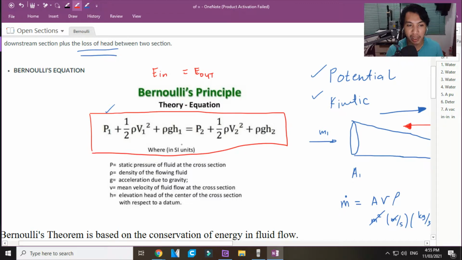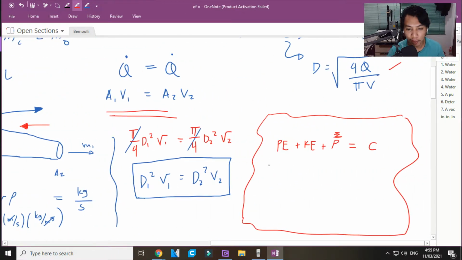Where is the potential energy there? Recall, going back here, your potential energy from physics is equal to mgh. How about the kinetic energy? Kinetic energy came from this: 1/2 mv squared. That is kinetic energy.